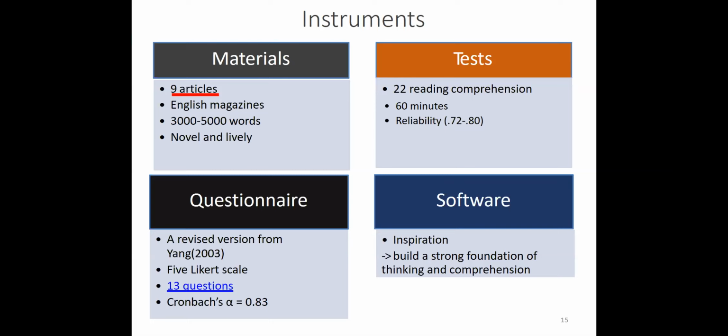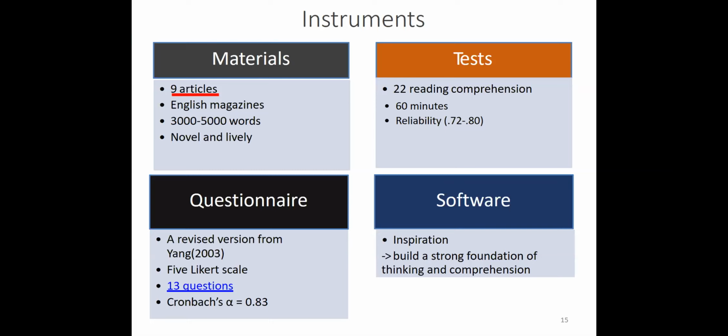The agreement levels are never, seldom, sometimes, often, and always. The higher the score, the greater the agreement with the statement. Participants have to complete the questionnaire in about 20 minutes.